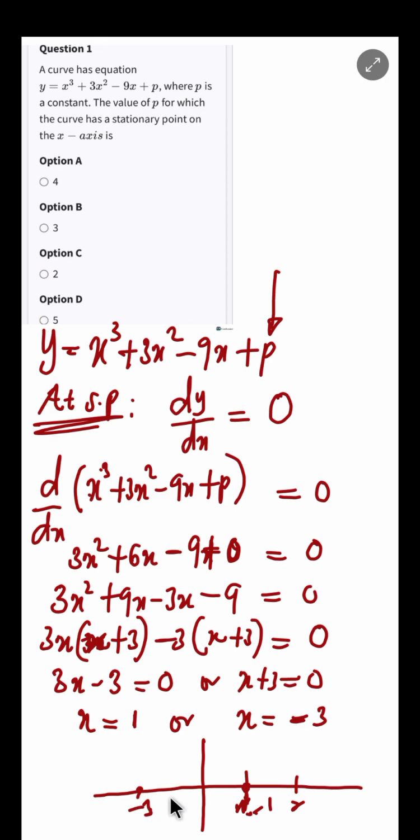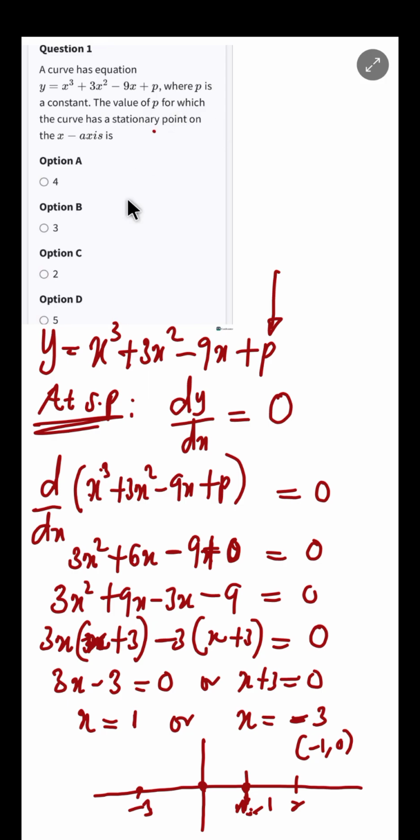Looking at this, the corresponding value for y is 0 in that case, just in the case of the graph, not you putting it back into this equation. On the x-axis, it is seen that y is equal to 0.